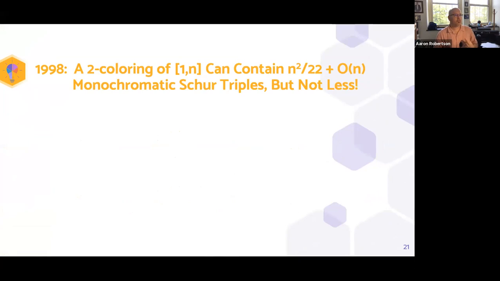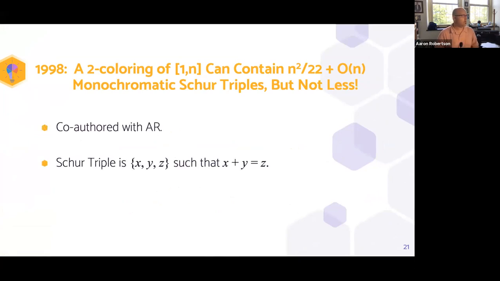And then we finally come to the paper that was part of my dissertation. So these Schur triples mentioned here are just two integers and their sum. So if you're familiar with sum sets, it's the smallest case.